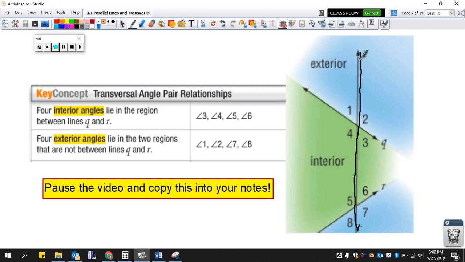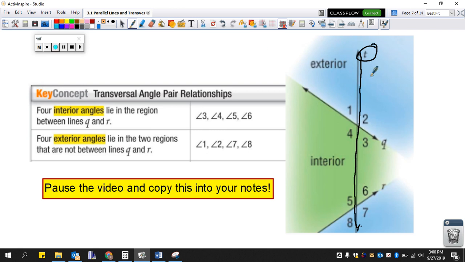Okay, that line, or line T, is called a transversal. All right, and then you have the other two lines, line Q and line R, that are being cut by the transversal.